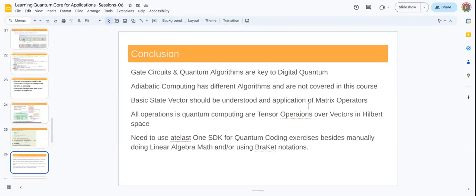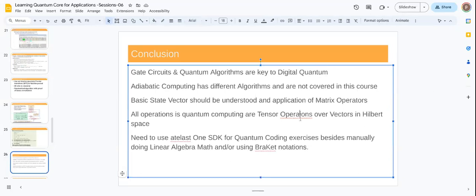And the other factor is we also need to make sure that we can use at least one SDK for quantum coding if you are going to do any coding exercise. Qiskit was presented. There are many, like PennyLane. They are available on Amazon's Braket, or Microsoft Azure Quantum, or Google Cirq.